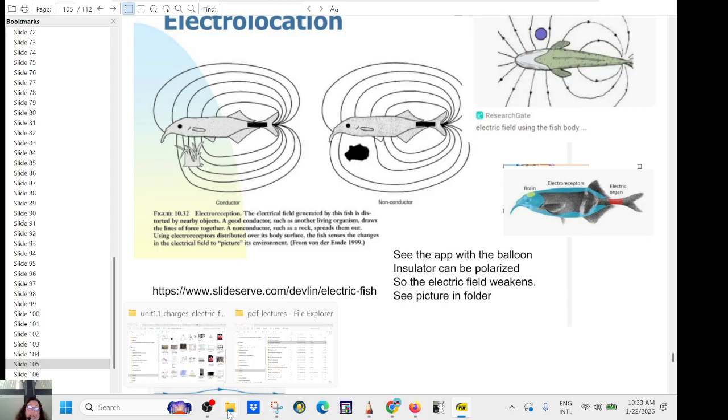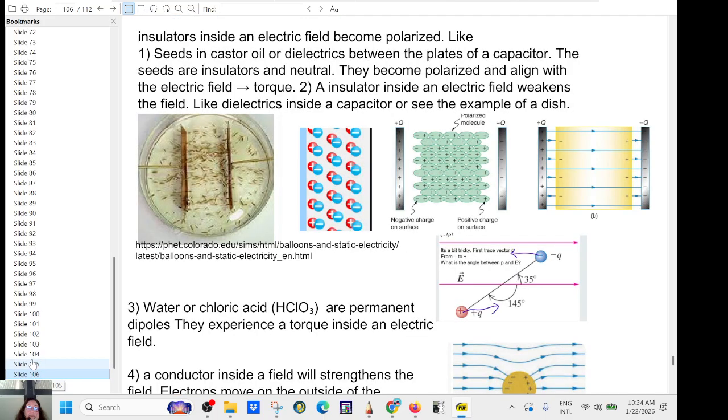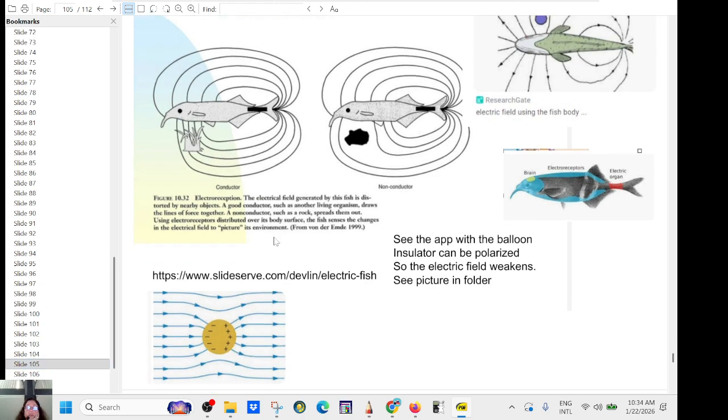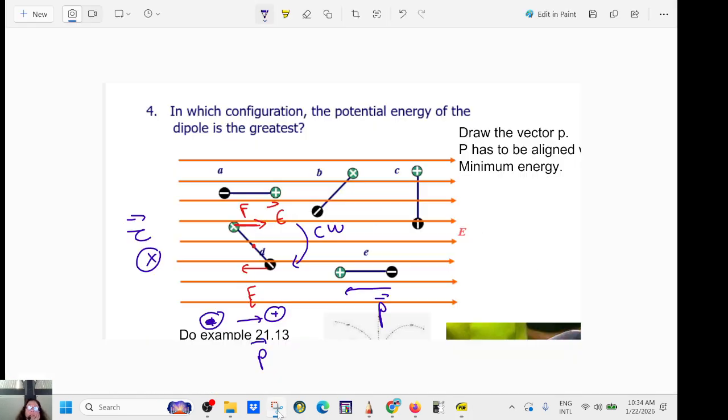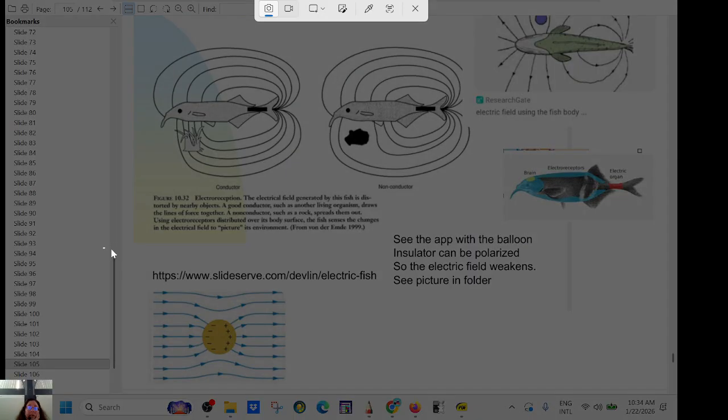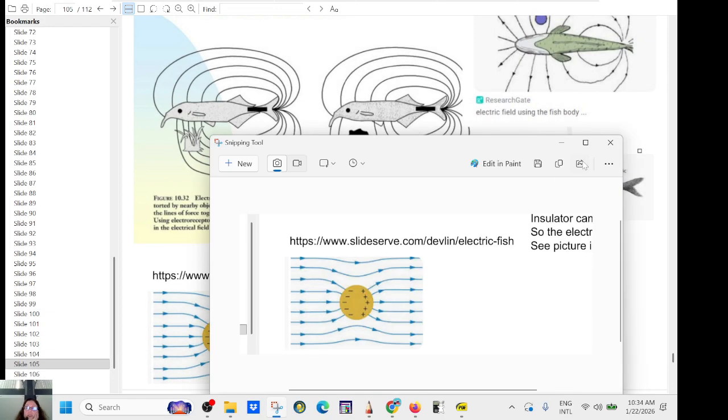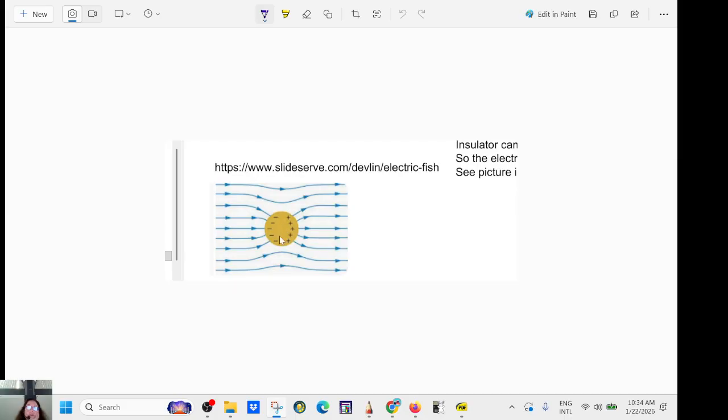I don't know if I have a picture. So if it's something it can eat, something juicy, maybe another fish or something like this, so this is a conductor. And I told you that inside the conductor, you cannot have an electric field.